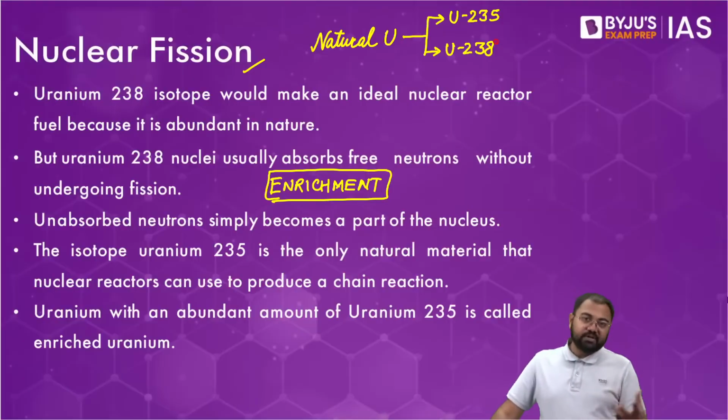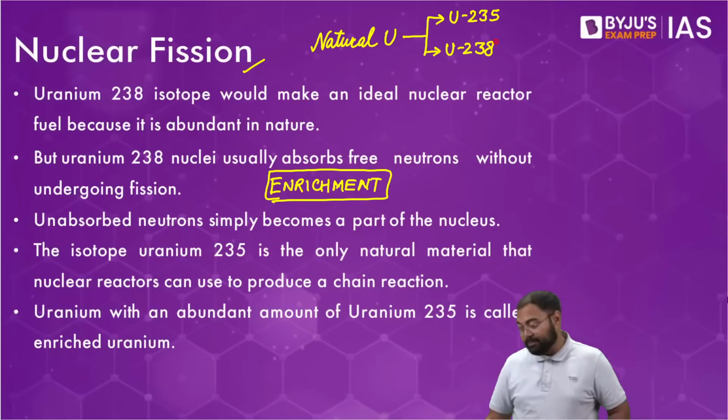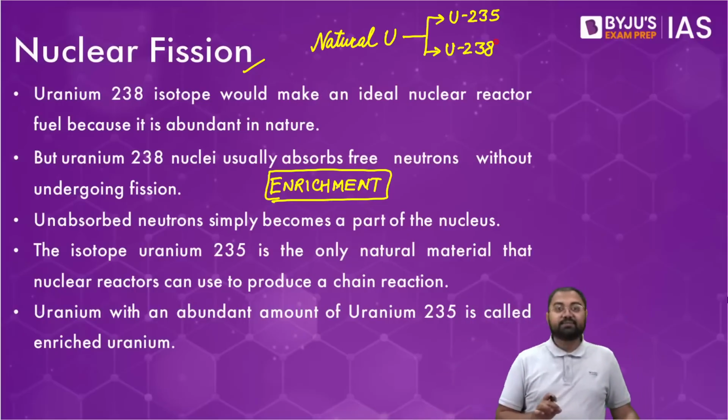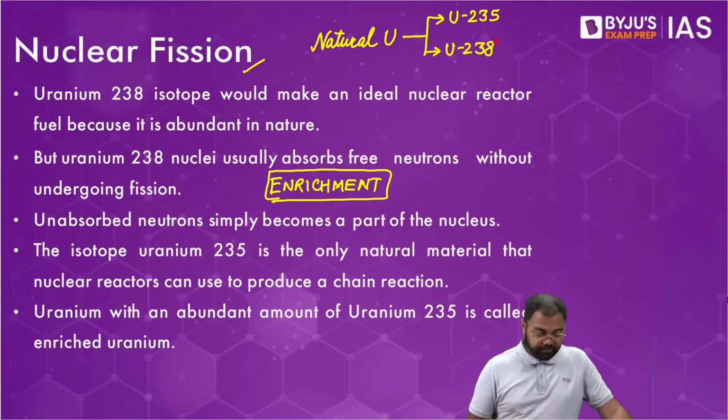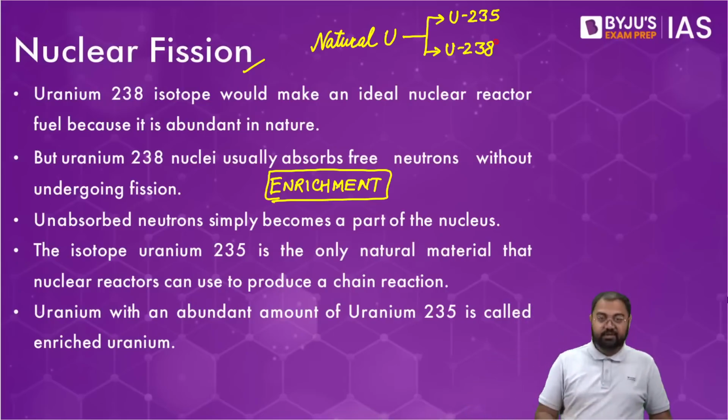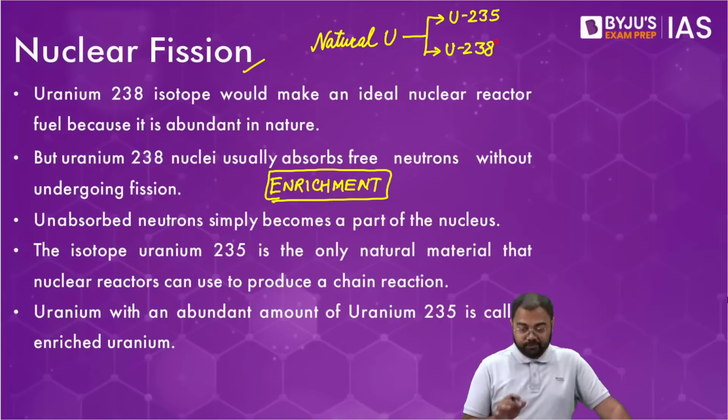It will keep undergoing radioactivity, but nuclear fission does not happen in uranium 238. Uranium 235 is the only natural element that is capable of undergoing nuclear fission. Apart from uranium 235, there is nothing natural that can undergo nuclear fission. Uranium 238 cannot. It will undergo radioactivity.